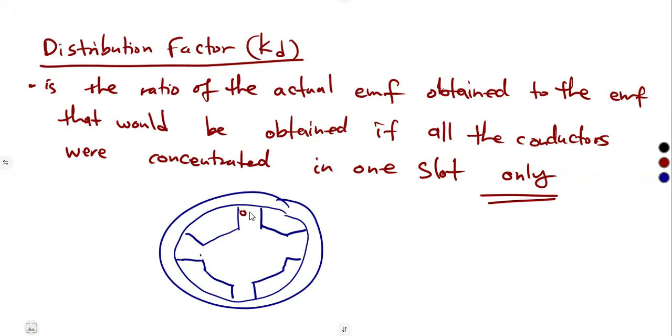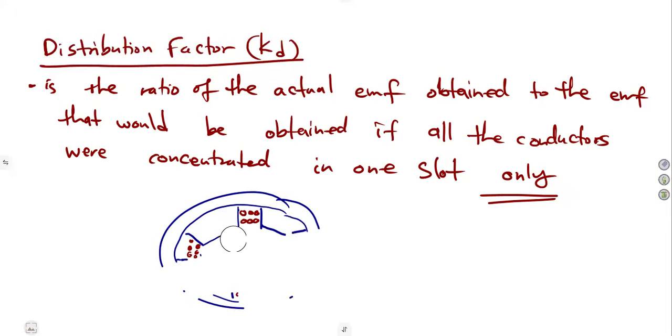So we'll have conductors 1, 2, 3, 4, 5, 6, 6 conductors per slot. But in our case, we are considering a condition that could have happened, if all the conductors were concentrated in one slot. Only one slot, with 6 conductors. So that is the definition we have there.